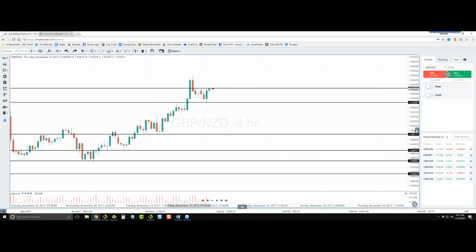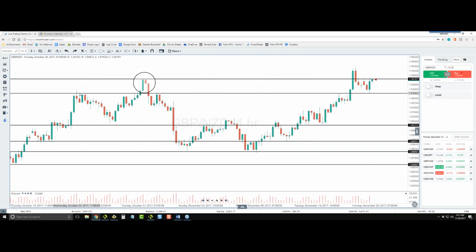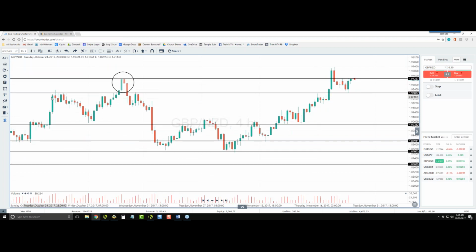But you notice that after it broke and came back down below this resistance level, it touched this previous resistance level, which is now a support level. Pretty cool, right? We drew this line based on this little section of candles here.